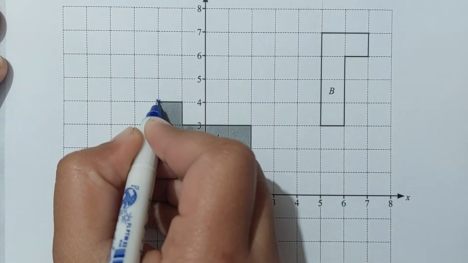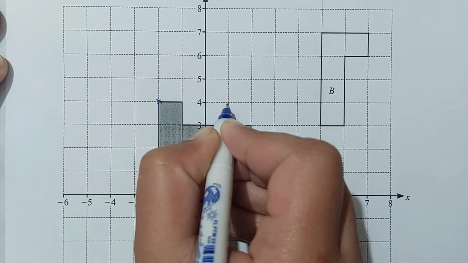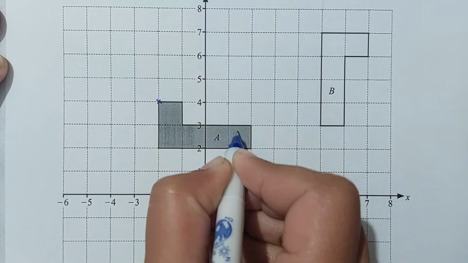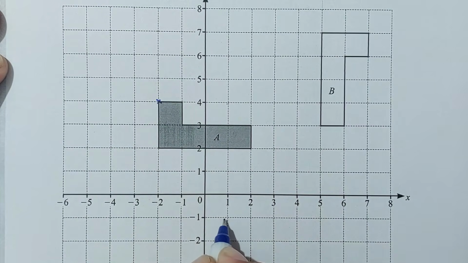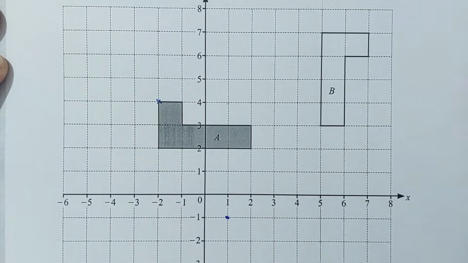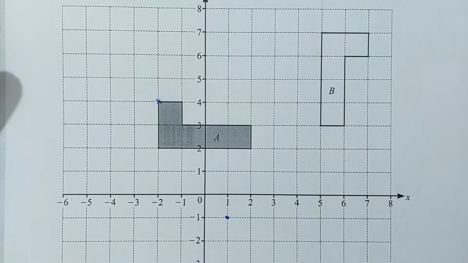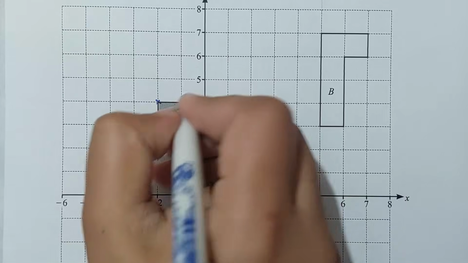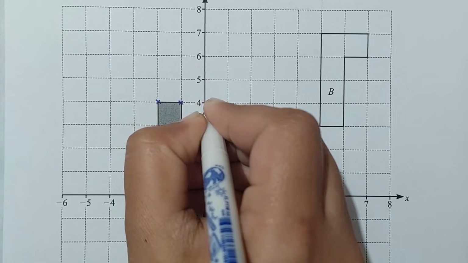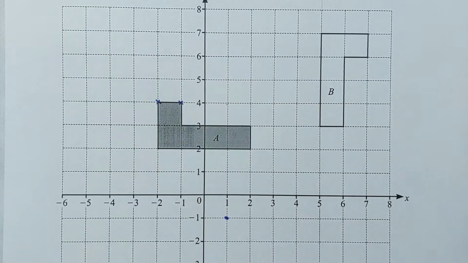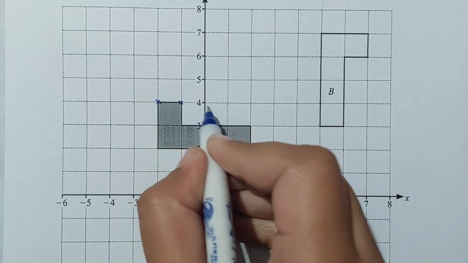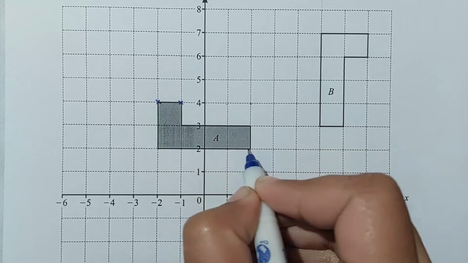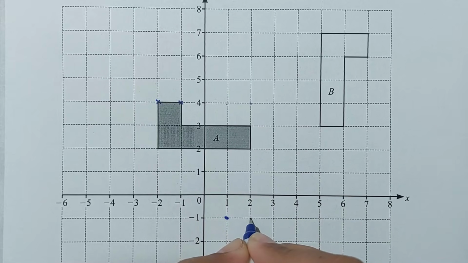3 units right, 1 2 3, and 5 down, 1 2 3 4 and 5, which is 1 minus 1. Okay, sorry, 3 to the right we have to move. Yes, 1 2 and 3, and 5 down, 1 2 3 4 and 5, which is 2 minus 1.